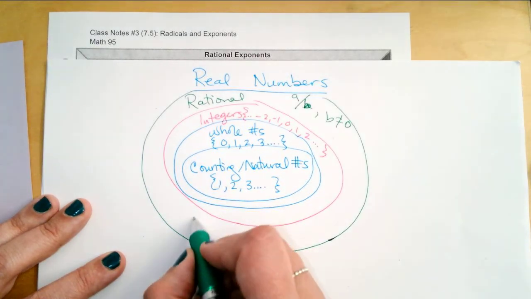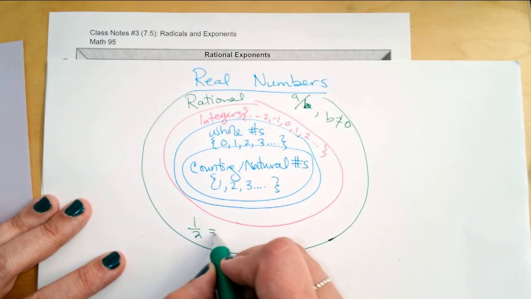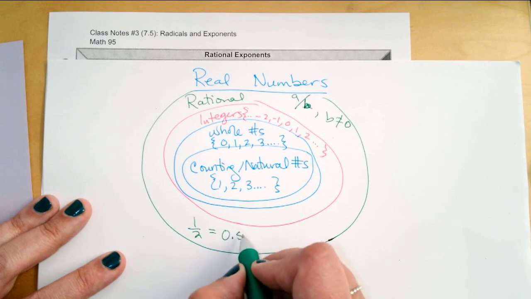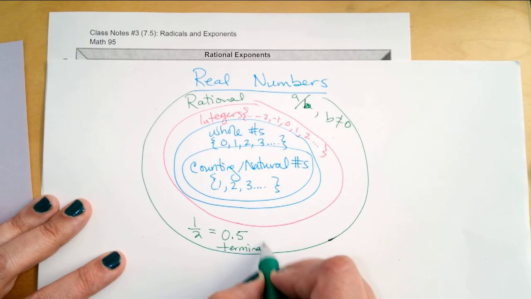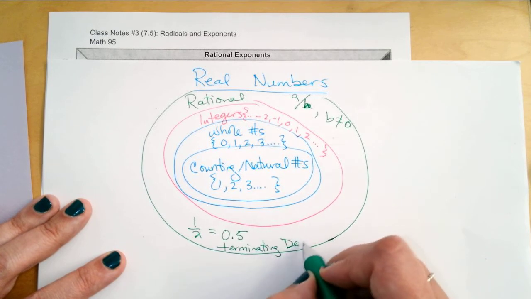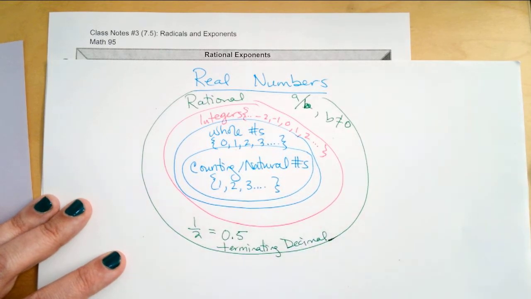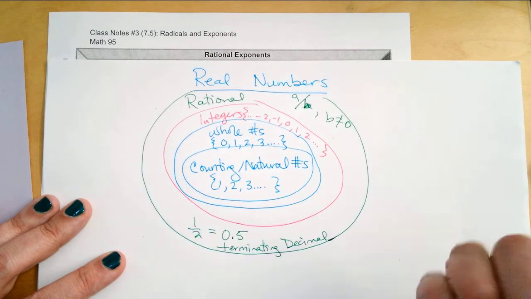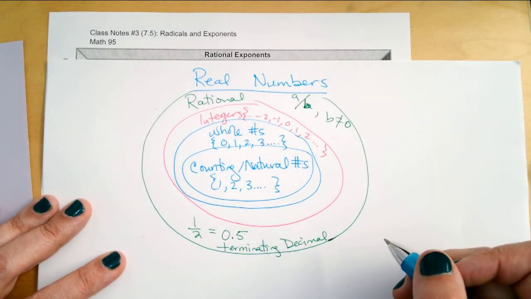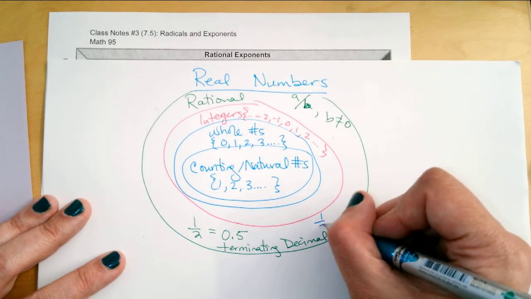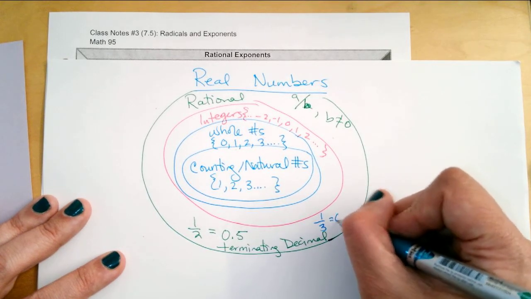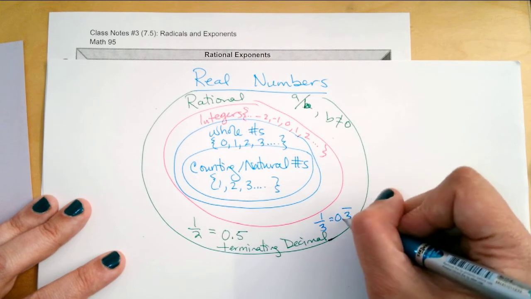So an example of a rational number would be 1/2, which is equal to 0.5, and we know that's a terminating decimal. What's another example of a rational number that's a repeating decimal? Anyone know a famous repeating decimal? Maybe 1/3, which is 0.3 repeating.